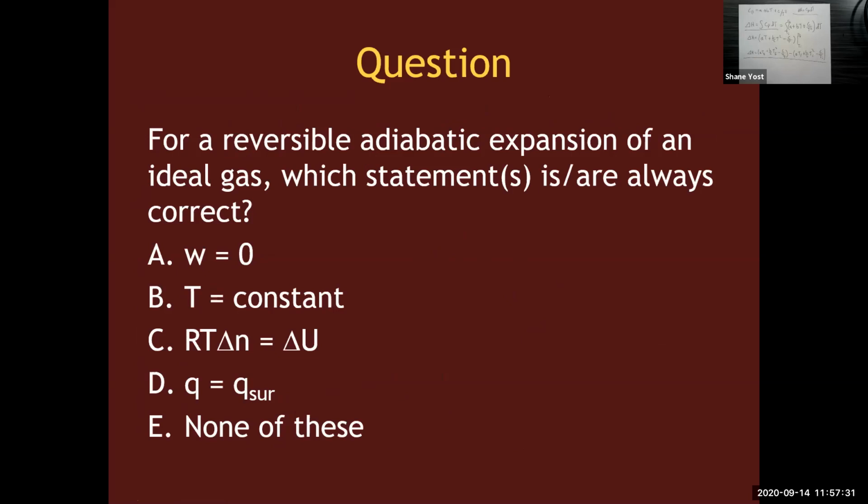C is not true because there's no change in number of moles of gas. Temperature is not constant because we're doing this adiabatically, not isothermally. And work is definitely not equal to 0 because I'm expanding my gas. So only D here is correct.